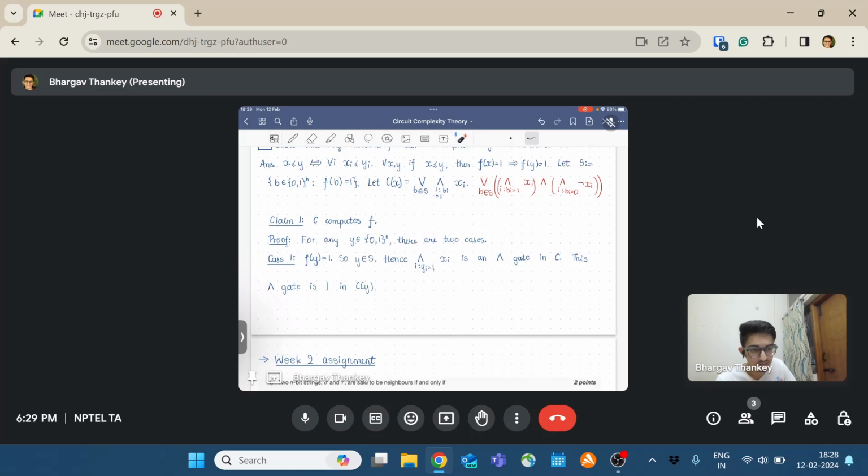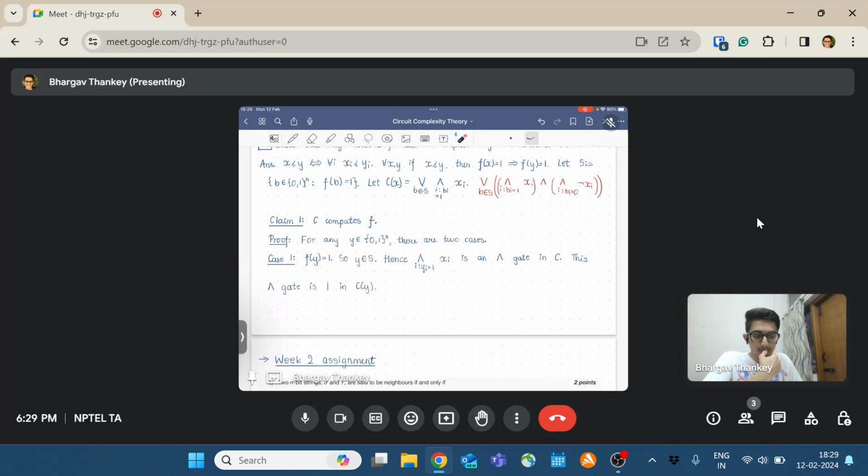The topmost is an OR, the second layer is ANDs, and the number of ANDs is exactly the size of F inverse one. Each of those ANDs corresponds to an individual input X for which the function should output one.